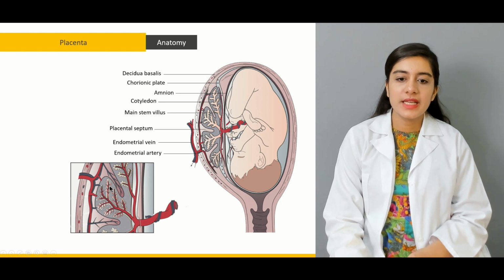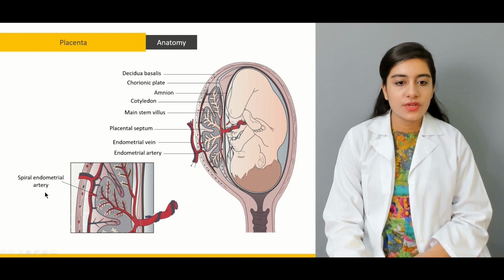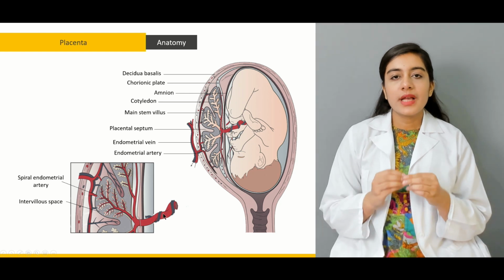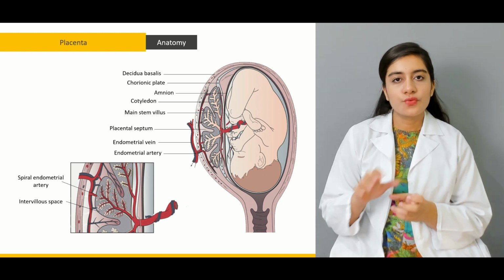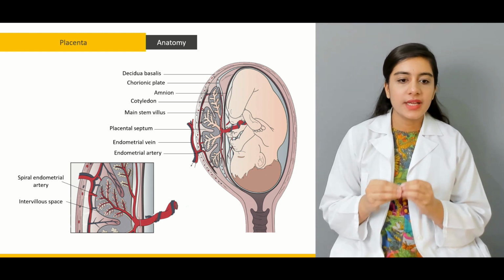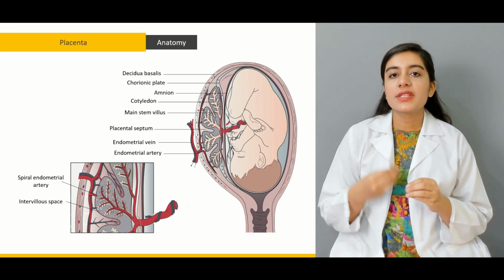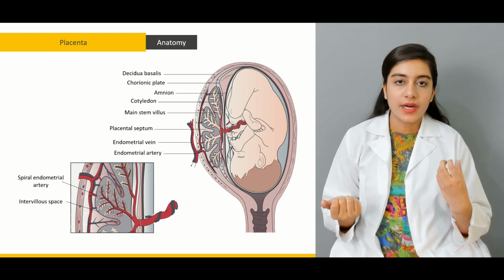If you can see this portion more clearly, this one is the spiral endometrial artery. This is the intervillous space between these villi. The blood that the endometrial artery is carrying towards the placenta is poured inside these intervillous spaces, and from these intervillous spaces everything that is required is absorbed.